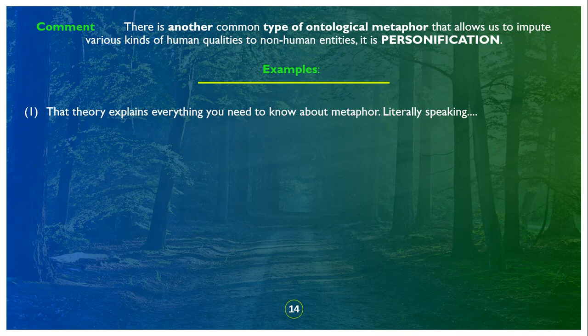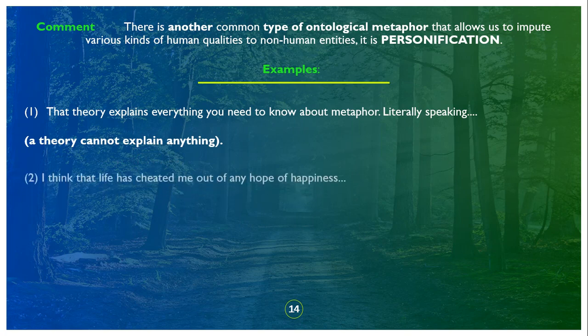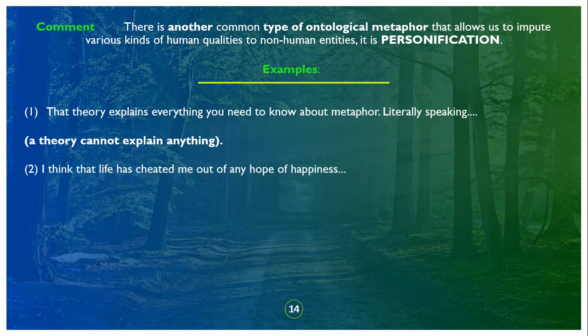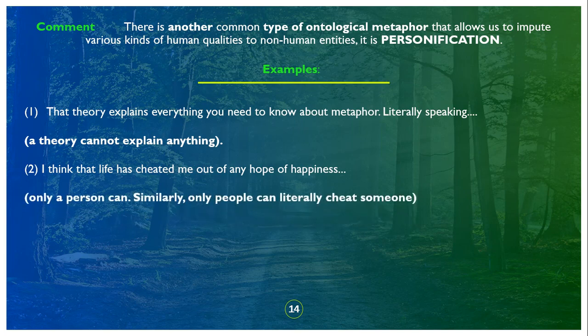The personification is that a theory cannot explain anything. Number two, I think that life has cheated me out of any hope of happiness. The personification is that only a person can. Similarly, only people can literally cheat someone.